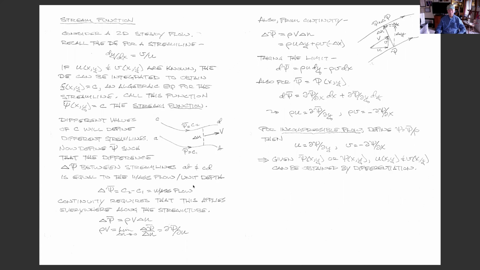Well, that's got a physical meaning right away. And hey, what comes in this side has to go out this side. So the continuity equation is starting to show up here, conservation of mass. And if we're talking conservation of mass, that says this has to apply everywhere along here. Between these two streamlines, the mass flow is constant.